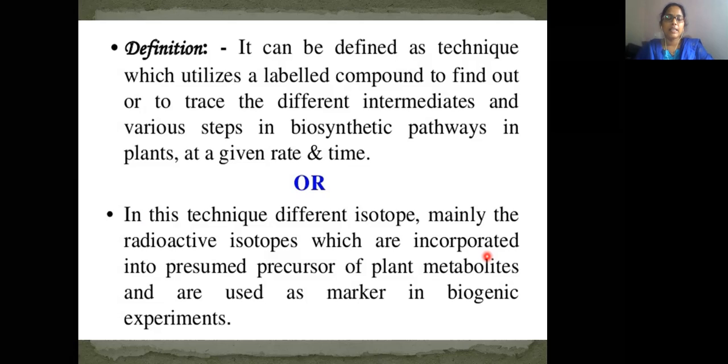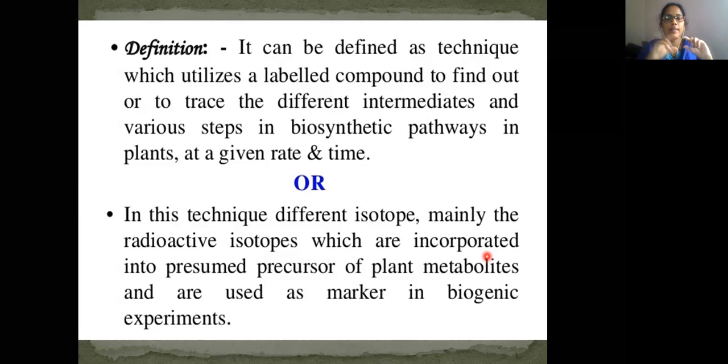We incorporate the radiolabeled isotope into the selected precursor, and then insert this labeled compound into the plants. When it enters the plant, it starts involving in the reactions, same as the normal compound.